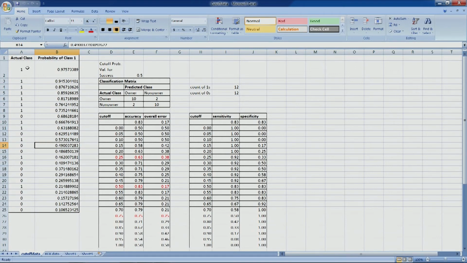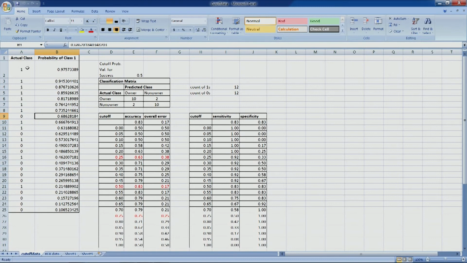Observation number 13, with value 0.49, is correctly classified as class 0. If we go down, there are a few misclassifications. For example, record number 15, row number 16, has a value of 0.46 and is incorrectly classified as 0, but the actual class is 1.